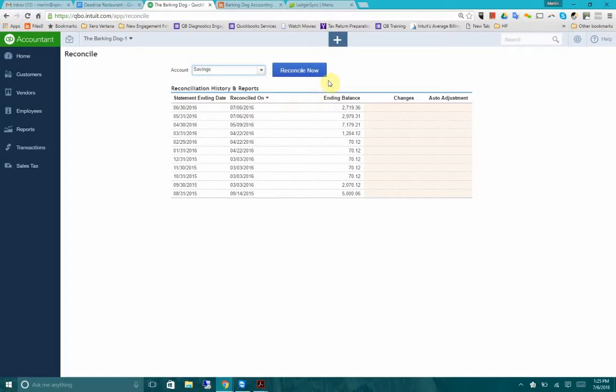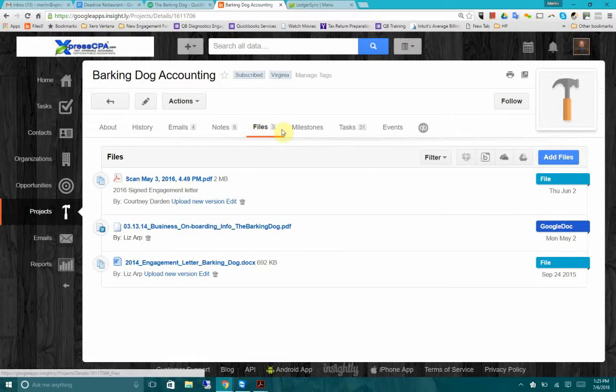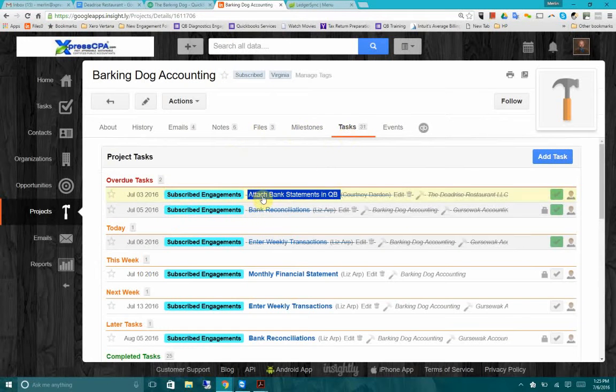So once those reconciliations are in place, we would want to go over here to Insightly, to this project, update it with any notes we might have, clear our tasks off, saying that we did reconcile these items and that we got all of the items entered.